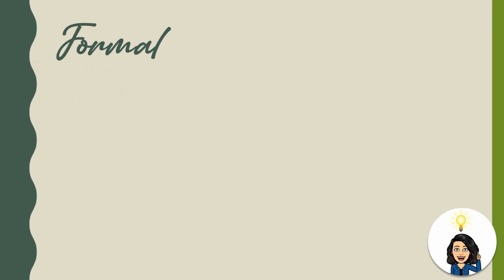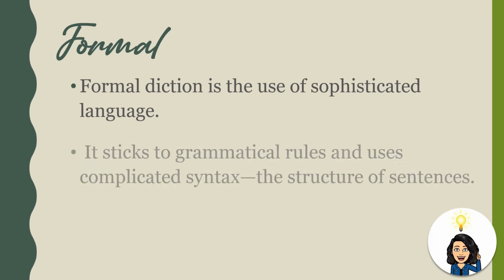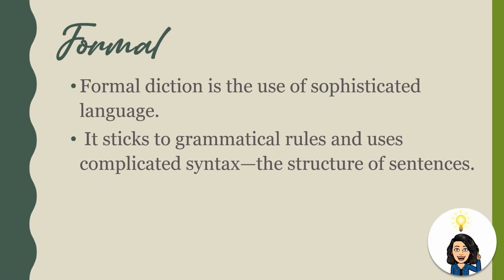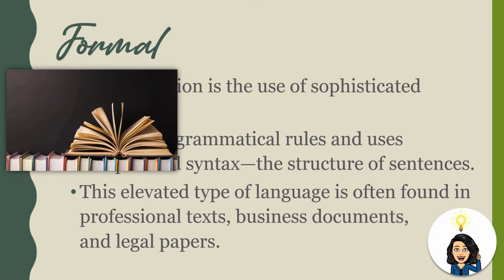Let's start with formal diction. This type of diction is the use of sophisticated language. It sticks to grammatical rules and uses complicated syntax, or the structure of sentences. This elevated type of language is often found in professional texts, business documents, and legal papers.